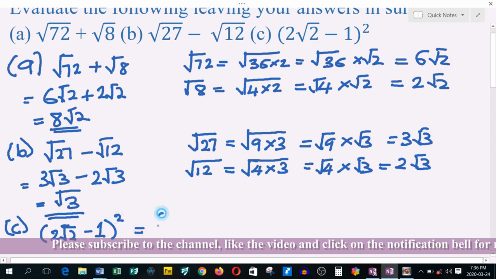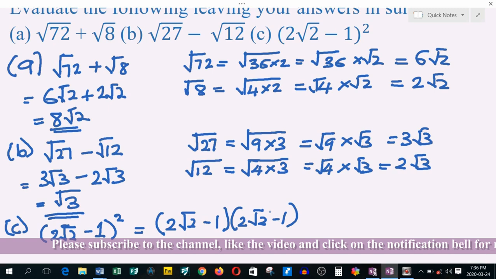This is the same thing as 2 root 2 minus 1 into 2 root 2 minus 1. Now in carrying out multiplication, we must multiply individual terms in both brackets. Now this is what I mean by multiplying individual terms in both brackets.